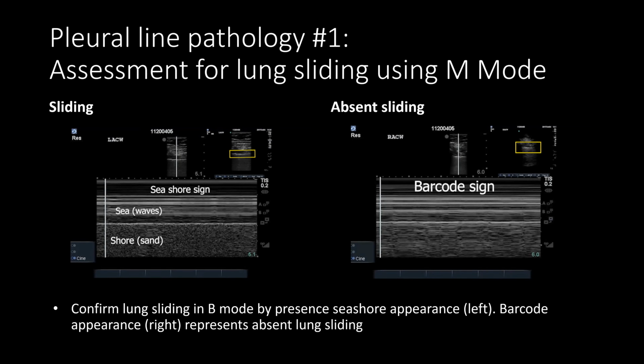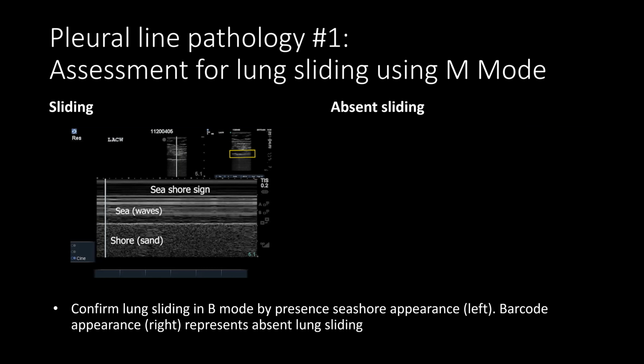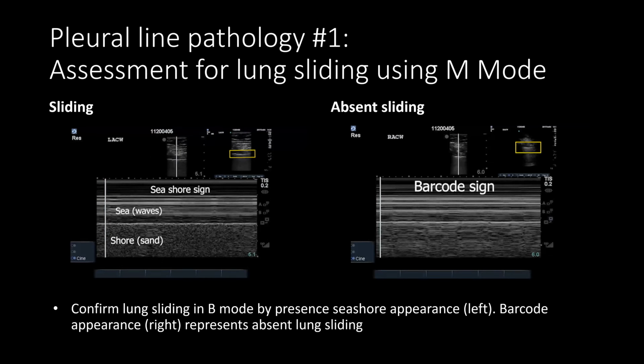The presence of a seashore in M mode is indicative of lung sliding, and you can see that again looking at this left-sided video. At the top right of it, there is an image that shows the same exam, but in 2D mode, and we can see very clear shimmering appearance of the pleura.